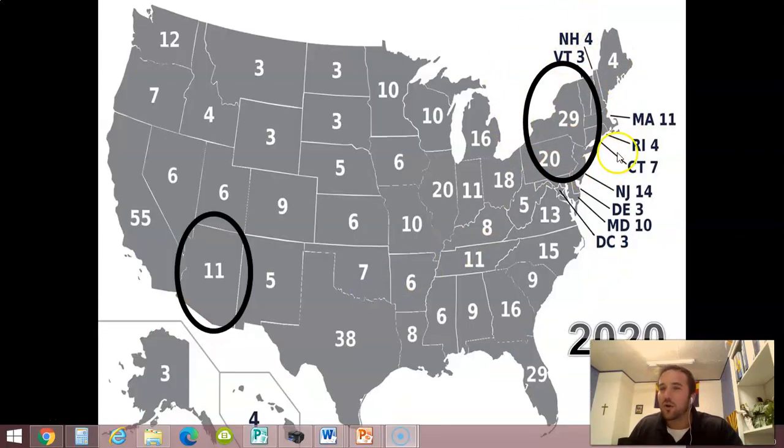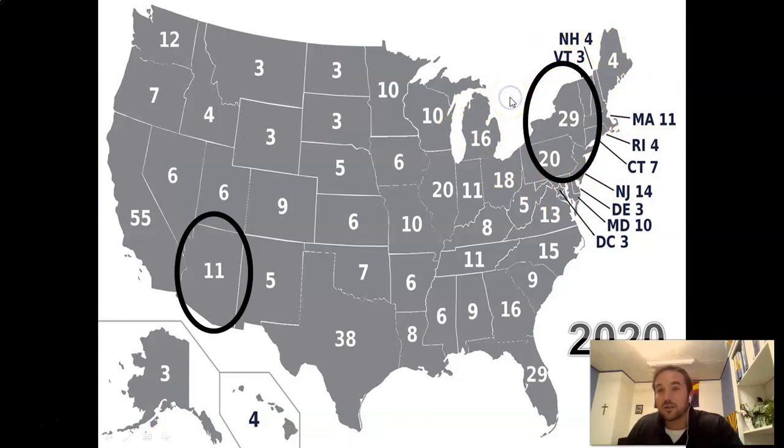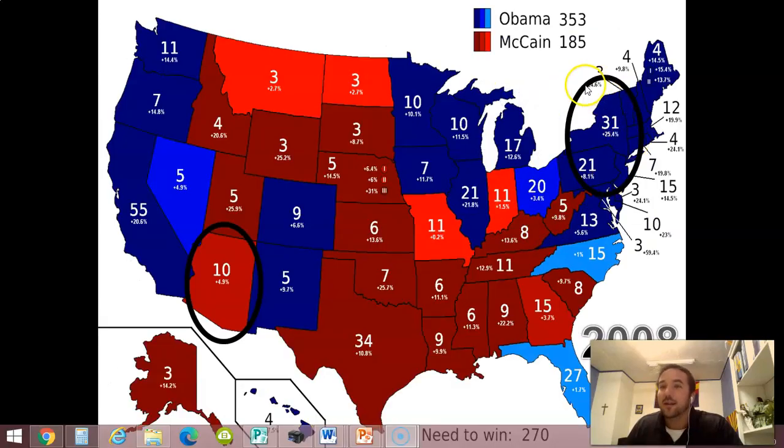Take a look at New York. Now, New York has 29 Electoral College votes. That's a lot. But let's look back at 2008. They had 31. I mean, to be honest with you, to lose 2 representatives in a state, which means they lost a lot of people, meaning a lot of people moved out of New York.